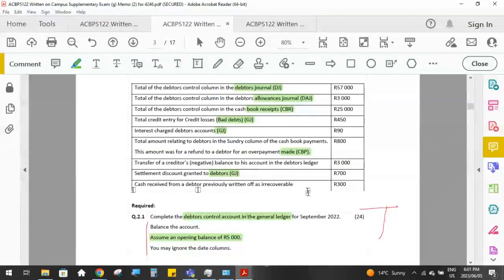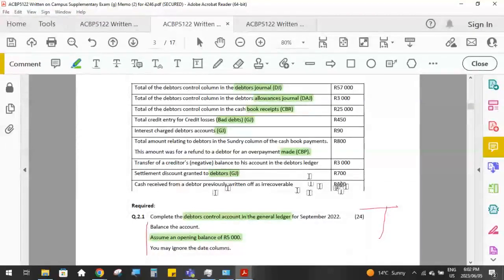And then this last one here, cash received from a debtor that was previously written off as irrecoverable. When we wrote off that 300 Rand initially as a bad debt, we would have credited debtors control and debited the expense account bad debts. So that 300 Rand has already been taken out of debtors control. It is no longer there. So now when that customer at a later stage does pay us that 300 Rand, what will our journal entry be?